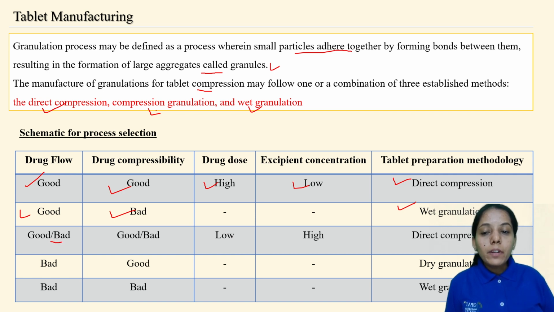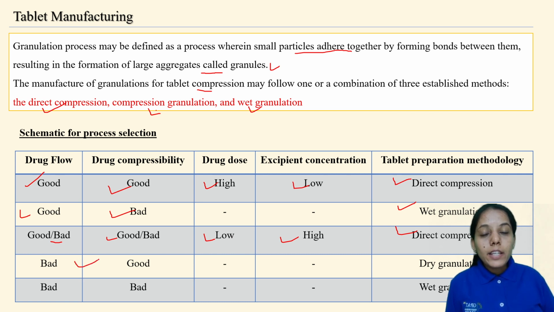Next, irrespective of the drug's flow properties or compressibility, whether good or bad, if the dose is low and the excipients are high, then also we can go for the direct compression method.